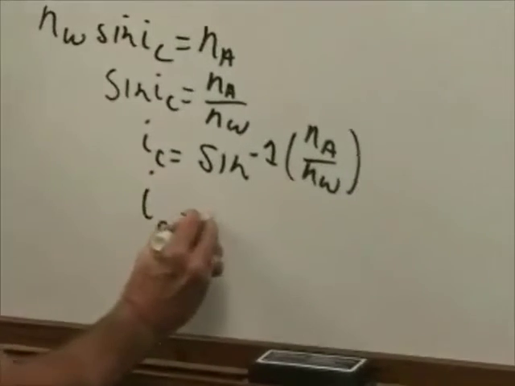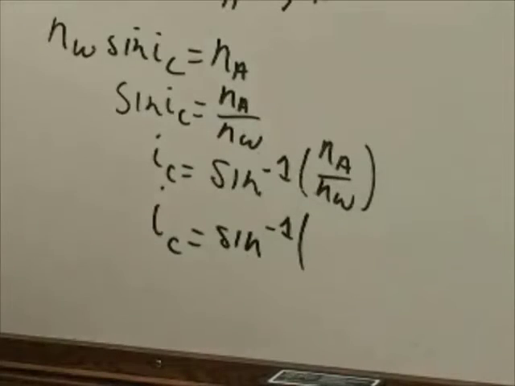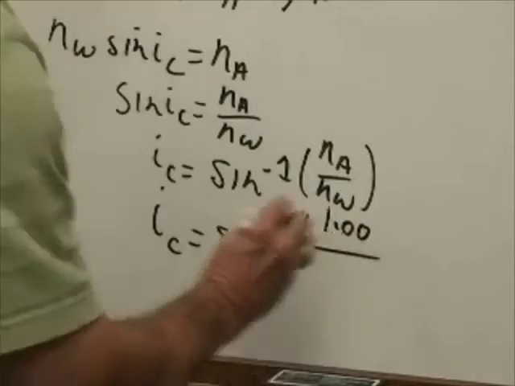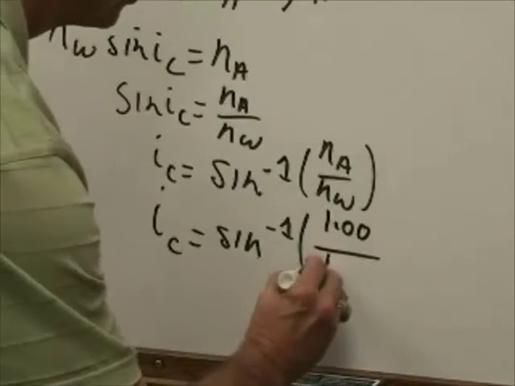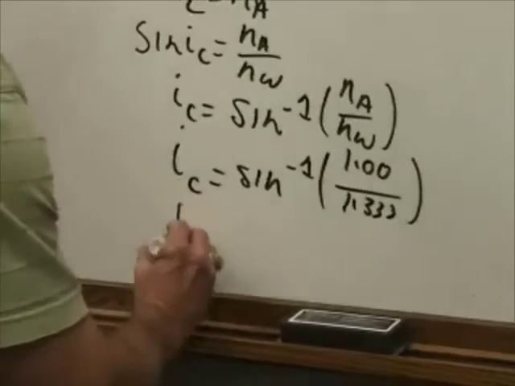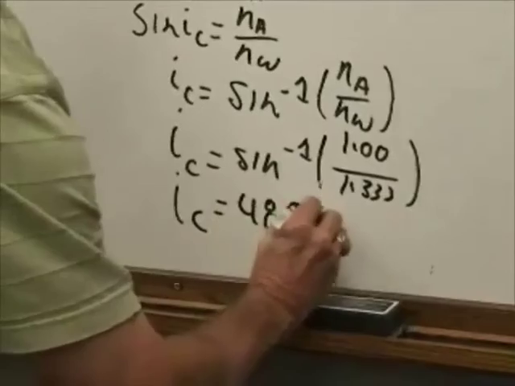The critical angle is equal to the inverse sine, and the index of refraction of the air was 1.00 and the index of refraction of water was 1.333. You will find that the critical angle is 48.59 degrees.